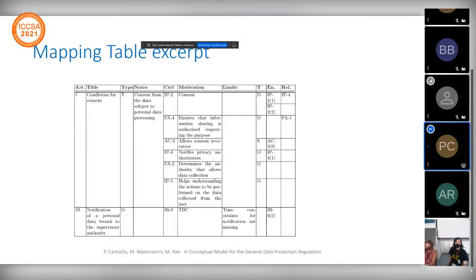We see that for Article 7, which is conditions for consent, it's a technical measure description, and we have from the fifth column onward the NIST controls related to this, with limits, technical measures, and related enhancements. Okay, I will go fast.